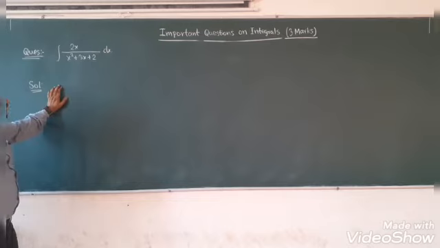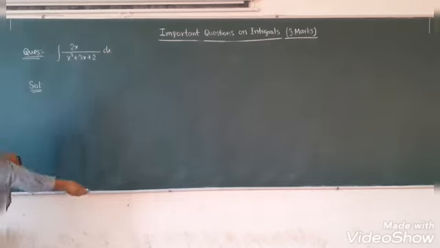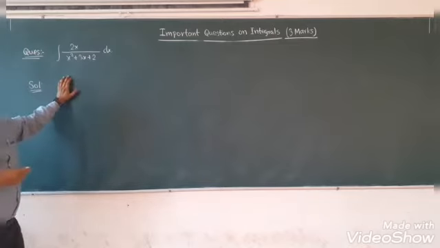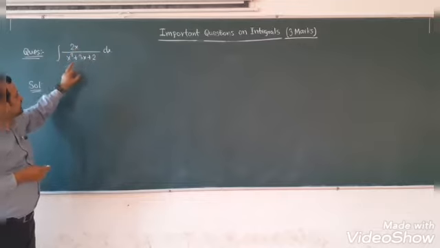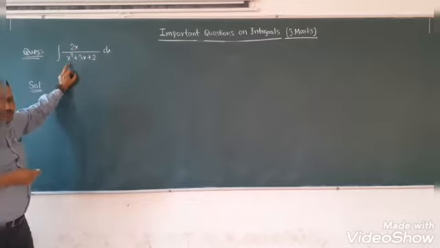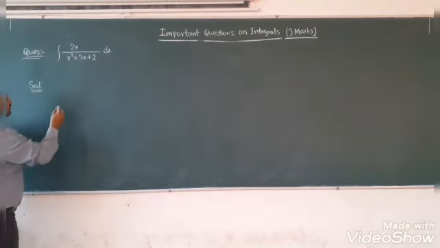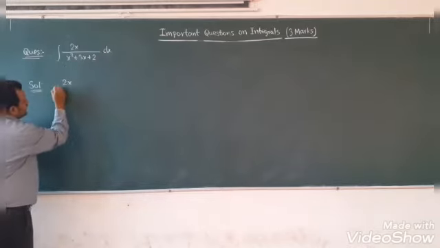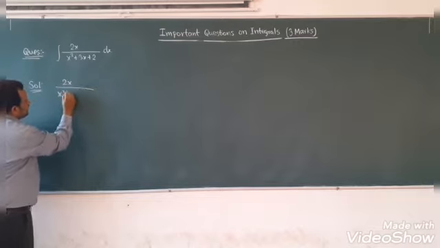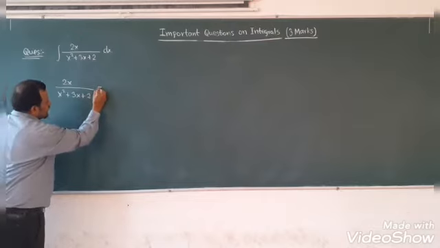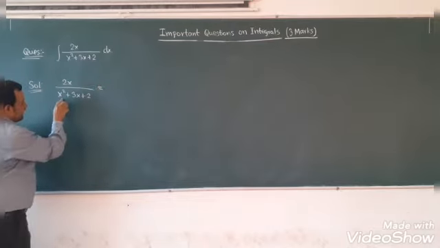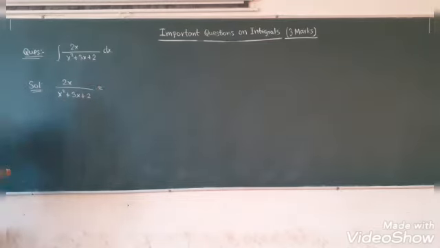Integral 2x divided by x square plus 3x plus 2. Now this question is based on partial fractions, and you can see the power of x is 1 in the numerator, and in the denominator the power of x is 2. So partial fraction is valid. Now look here, x square plus 3x plus 2.